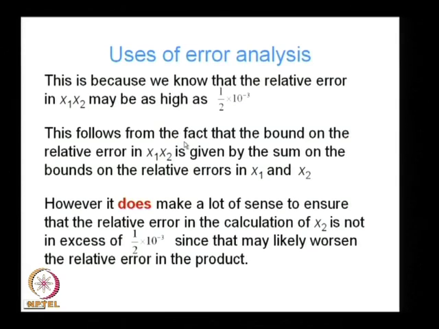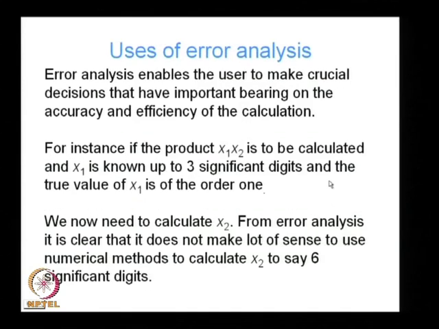This follows from the fact, as we mentioned, that the bound on the relative error in x1 x2 is given by the sum of the bounds on the relative errors in x1 and x2. So, there is no sense in calculating x2 to an accuracy greater than 3 significant digits.